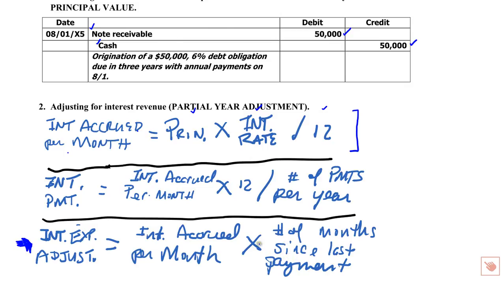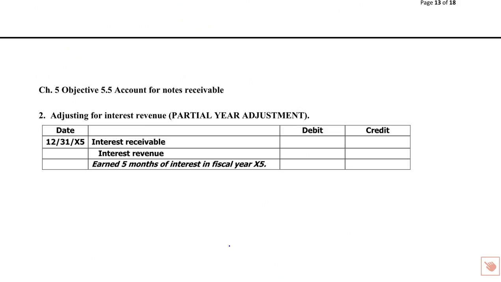So looking ahead here, this is 12/31. It was issued on August 1, so from August 1 to December 31 is 5 months. It's all of August, September, October, November, December, 5 months. The amount of interest per month is 50,000 times 6% divided by 12.